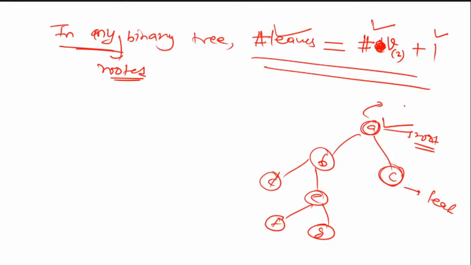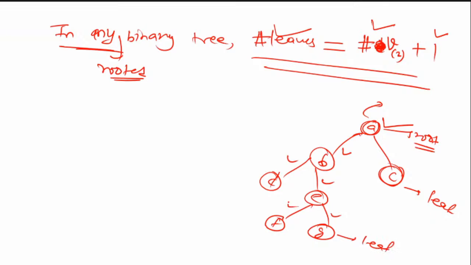So let's define degree. I told you degree means the number of edges incident on a vertex. So this vertex has degree 2. Similarly, vertex B has degree 3, and vertex E has degree 3. This is a leaf node.